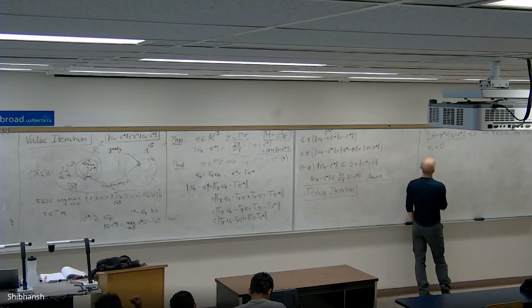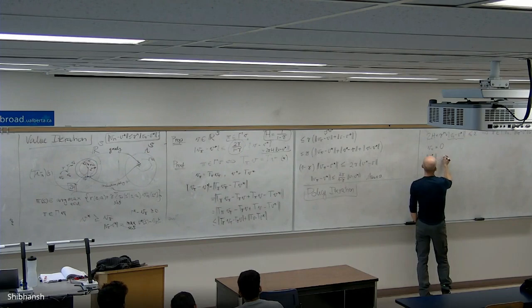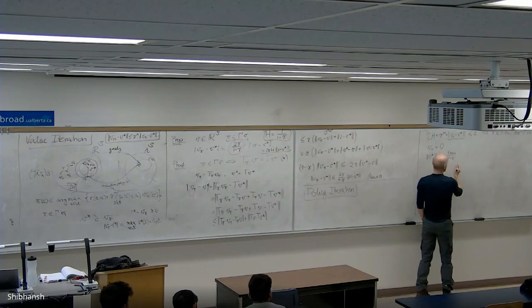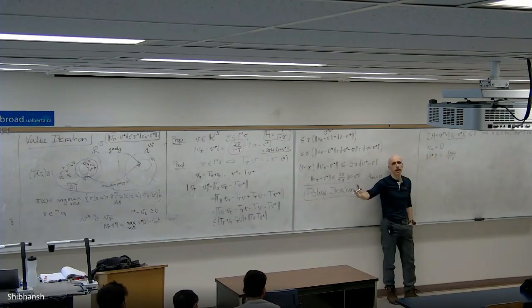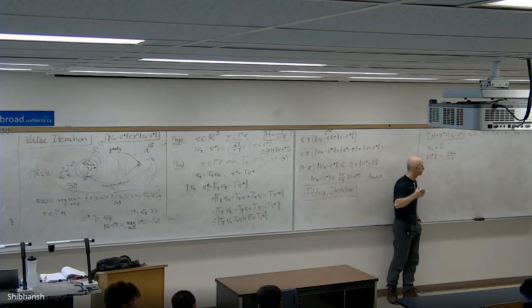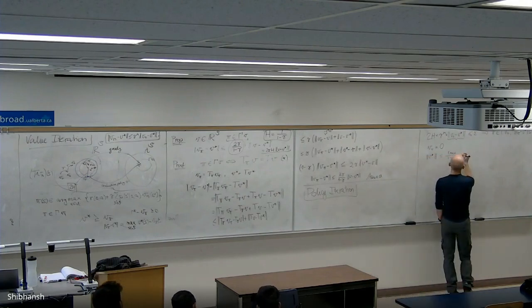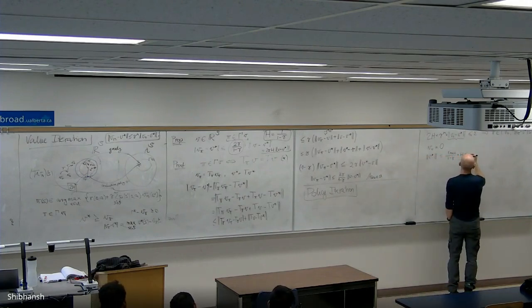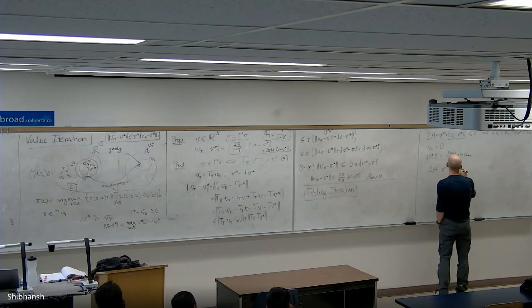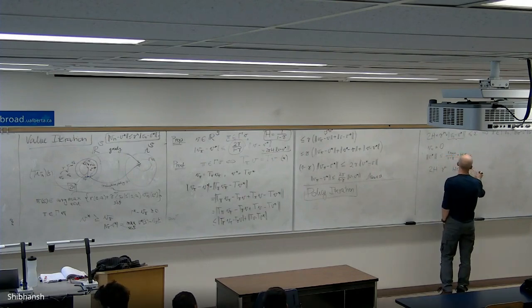So that should work. And then you can show that the max norm of V star is never larger than R max divided by 1 minus gamma. It's like the geometric series comes again. R max is the maximum value that you can get for the immediate rewards in absolute value. So this is h times R max. So it suffices if 2 times h times gamma^n times h times R max is smaller than epsilon.